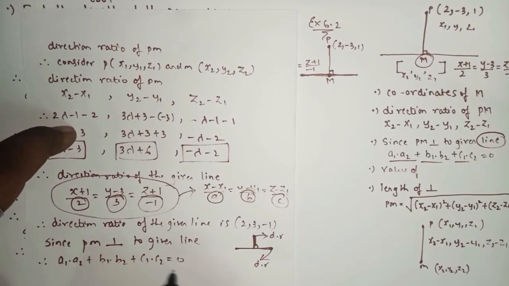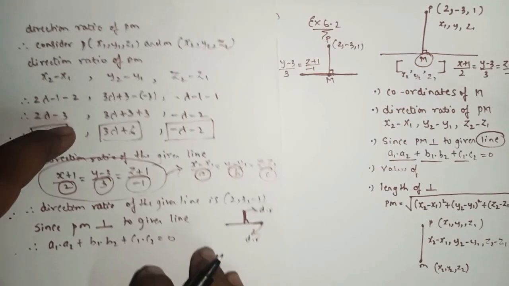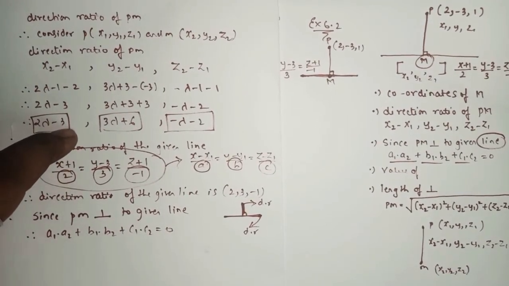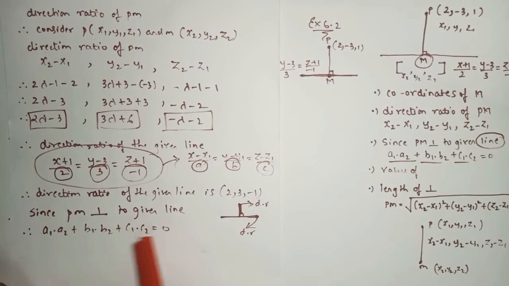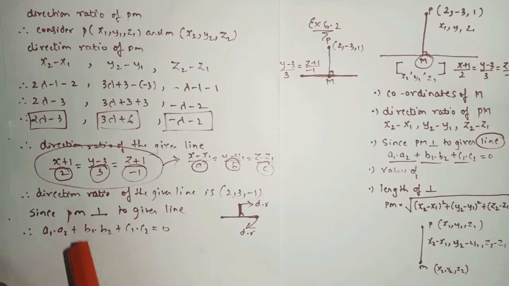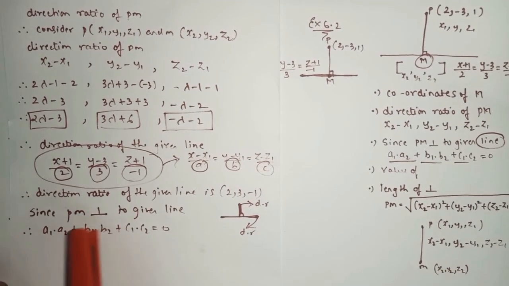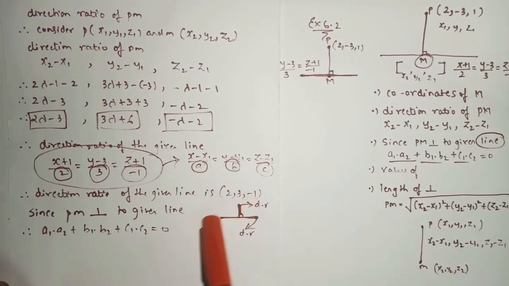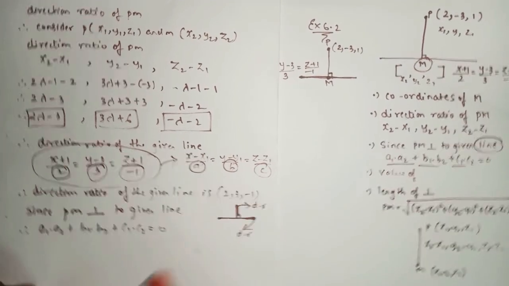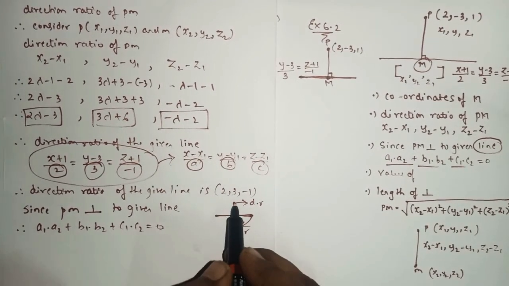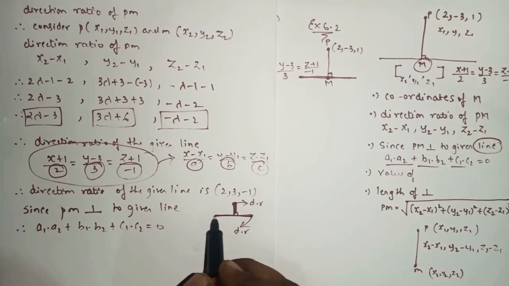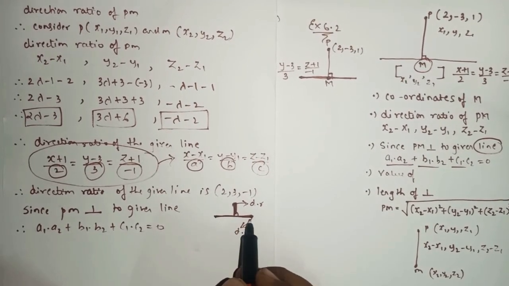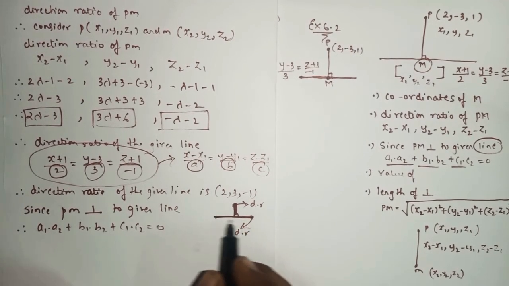This is the formula you have to remember: the sum of the product of the direction ratios is equal to 0. You apply this concept when the lines are perpendicular. Here we got the direction ratio for this line, and the direction ratio for this line also we have. So the direction ratio for this line is what?